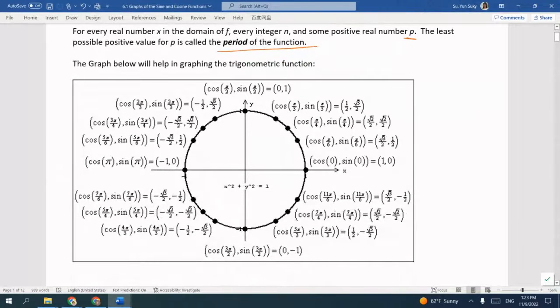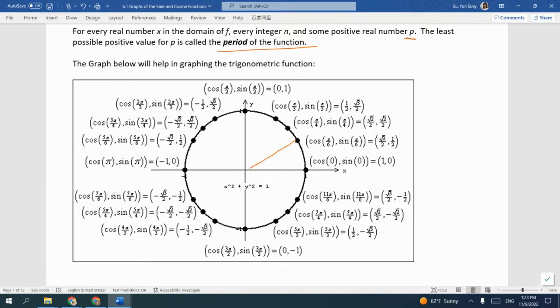Okay, and so in this graph, we see the points. Here the angle is 0, and then here the angle is 30 degrees. Here 45 degrees. Here 60 degrees. So this shows the angle values and also the sine and cosine of the angle values. They are the points on the unit circle.